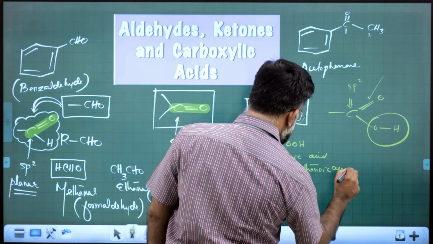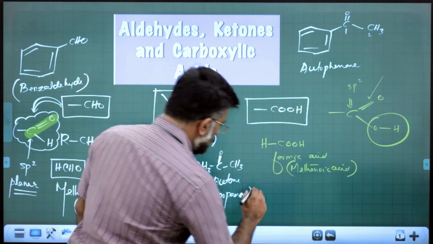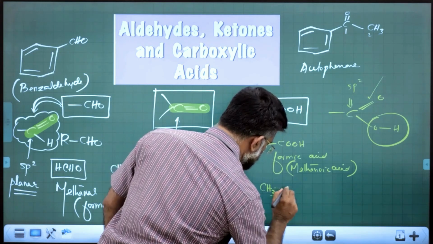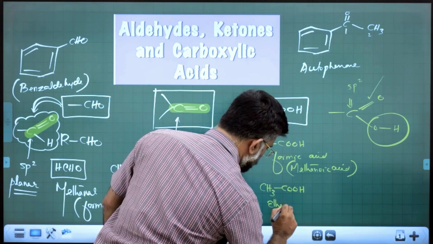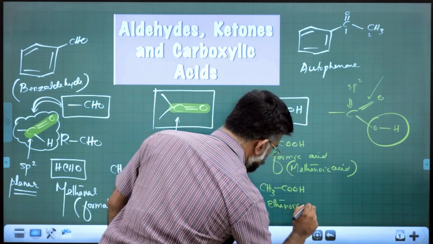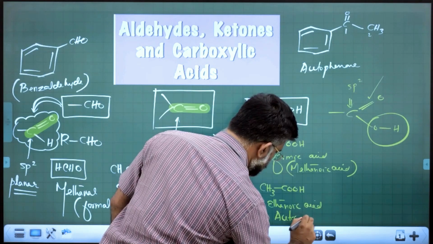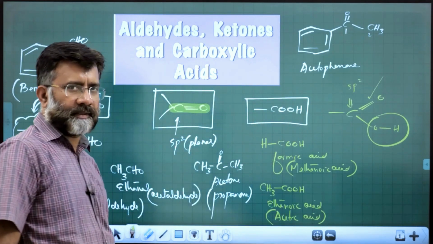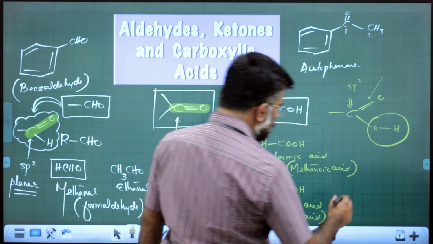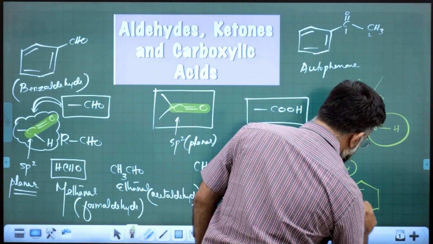And the simplest carboxylic acid is formic acid, HCOOH, that is methanoic acid, formic acid, right? The next one is acetic acid, CH3COOH, ethanoic acid, acetic acid. And then there is benzoic acid, an aromatic acid.